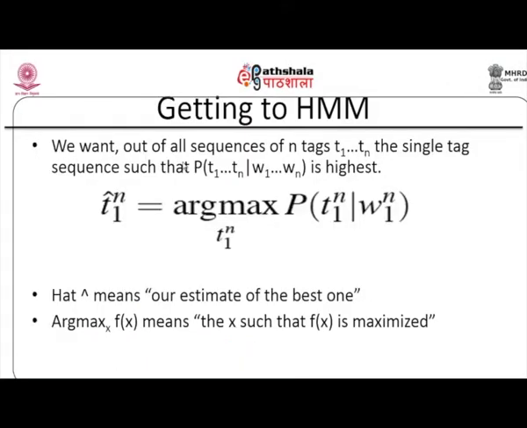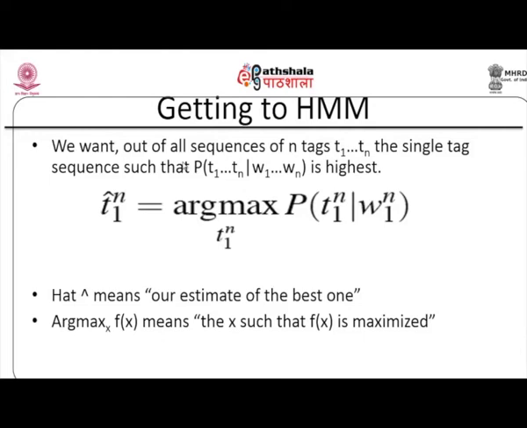Before we go on, we will come back to the learning model, but first note that the hidden Markov model is used for finding the tag sequence given a word sequence. Let us assume n is the number of words and tags. You are given, say, the man ate the mango.